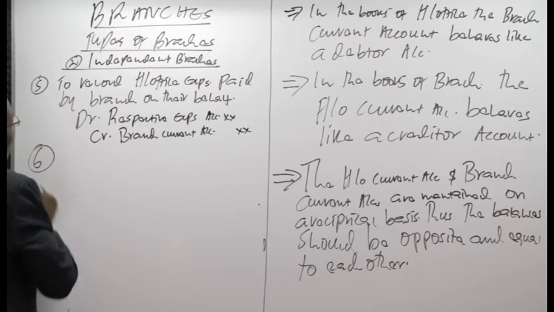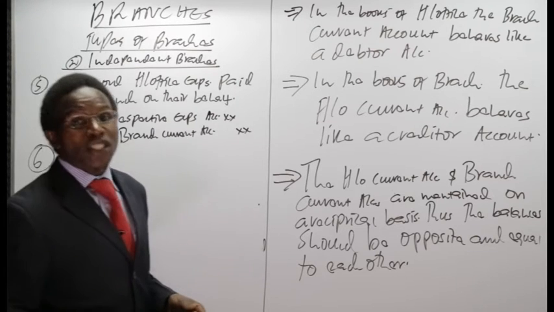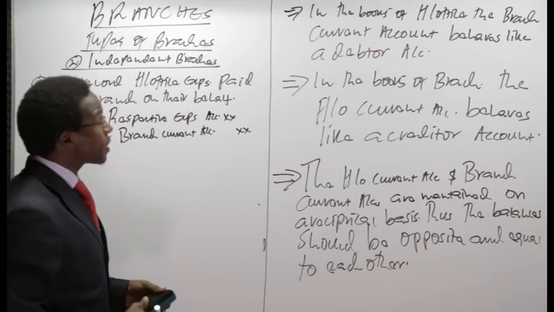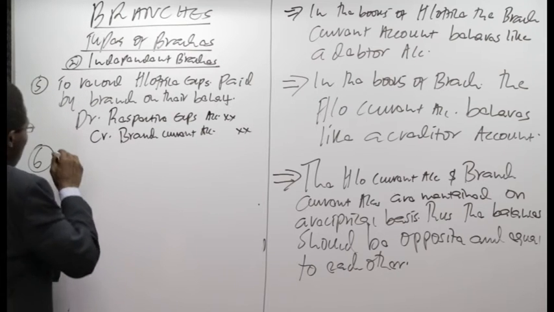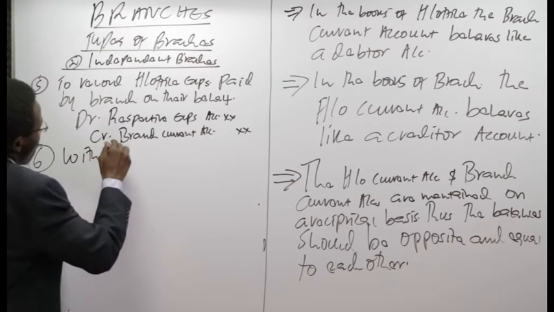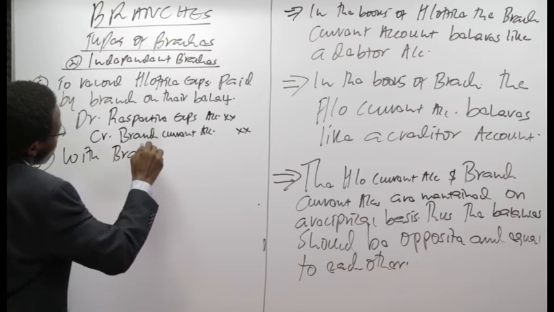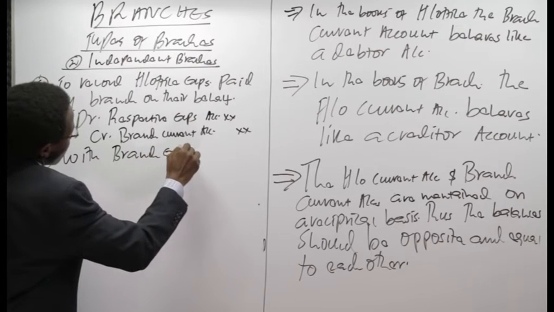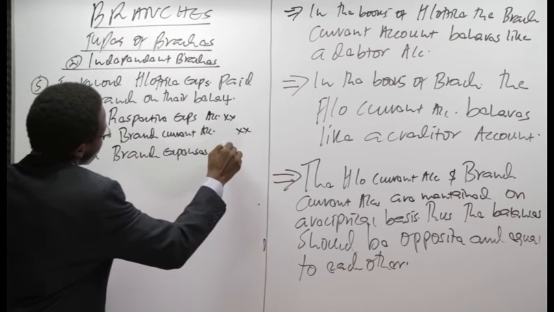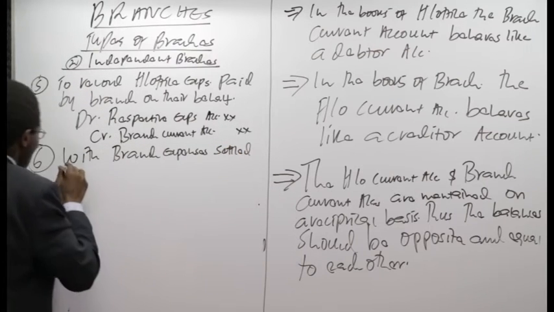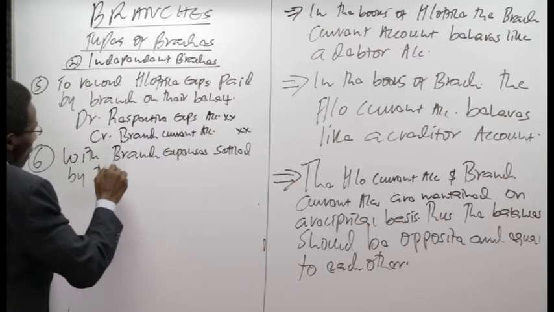Then we talk about branch expenses. Some branch expenses may be paid by the head office. So you come and say with branch expenses settled by the head office.